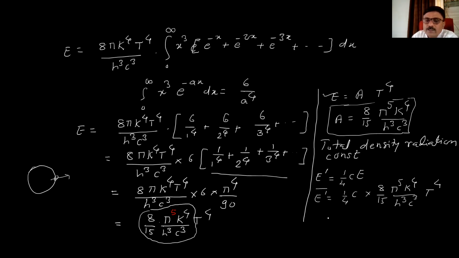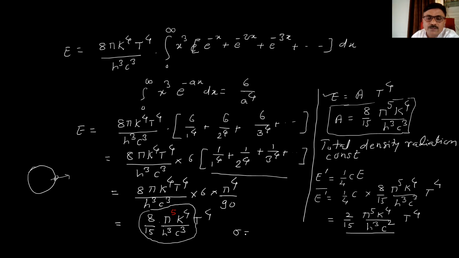If you solve this further, you will get 2 by 15, this 4 will get cancelled here, into pi raised to 5 k raised to 4 divided by h cube into c square, into T raised to 4. If you look at this term, this is again a constant, and it is called Stefan's constant, and it is denoted by sigma.